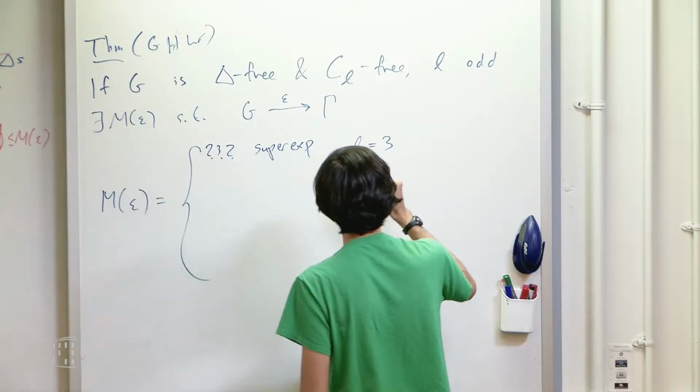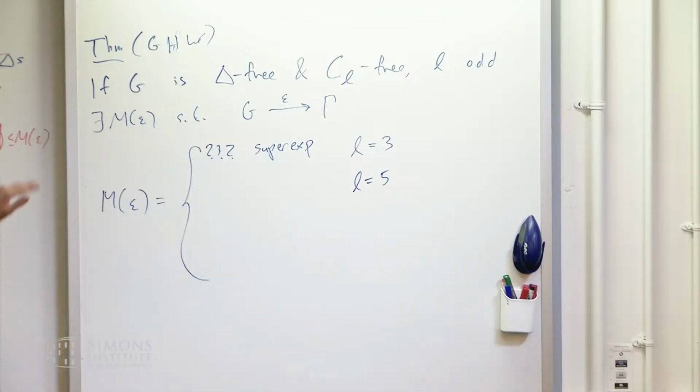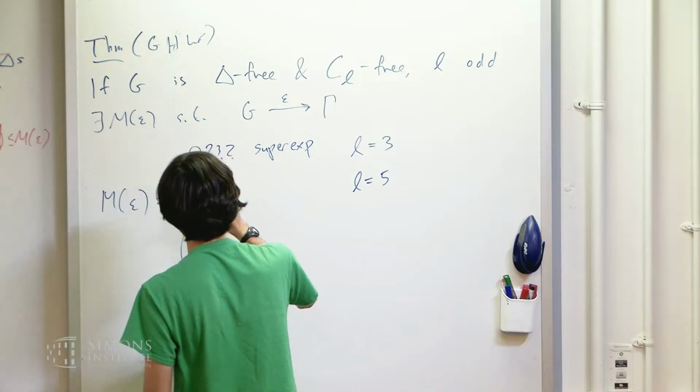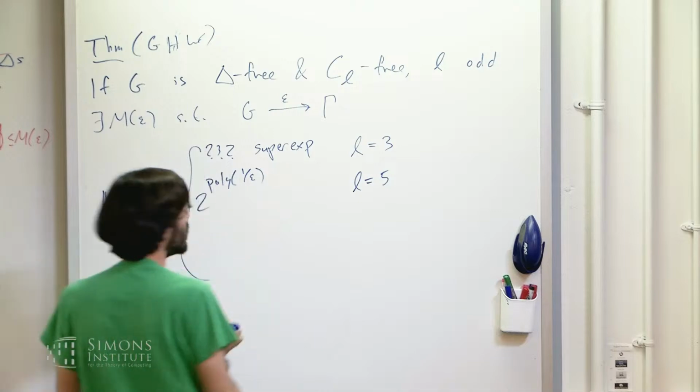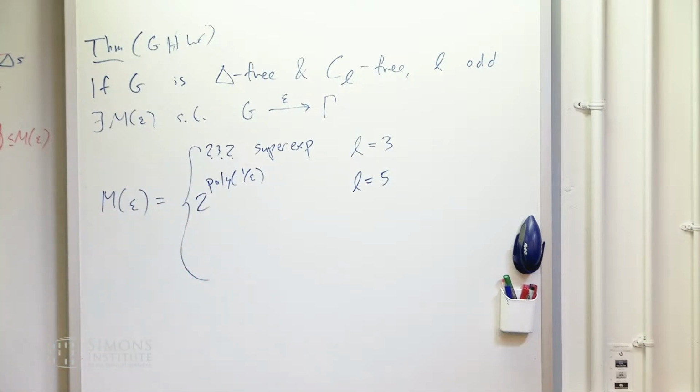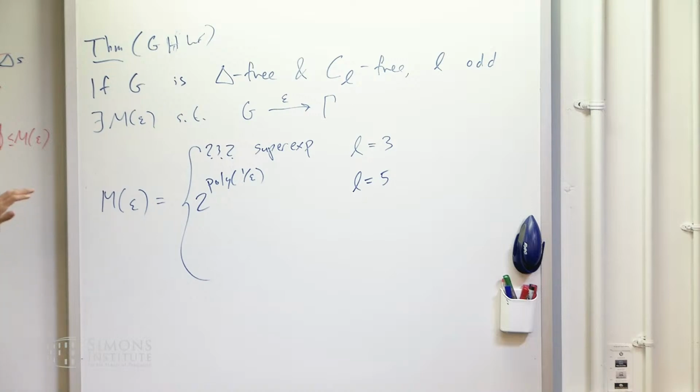However, if we tell you that additionally your graph is triangle-free and C5-free, then this m of epsilon is actually just exponential in a polynomial in 1 over epsilon. We have both lower and upper bounds of this quality, where the polynomial has a different exponent, but both are exponential in a polynomial in 1 over epsilon.